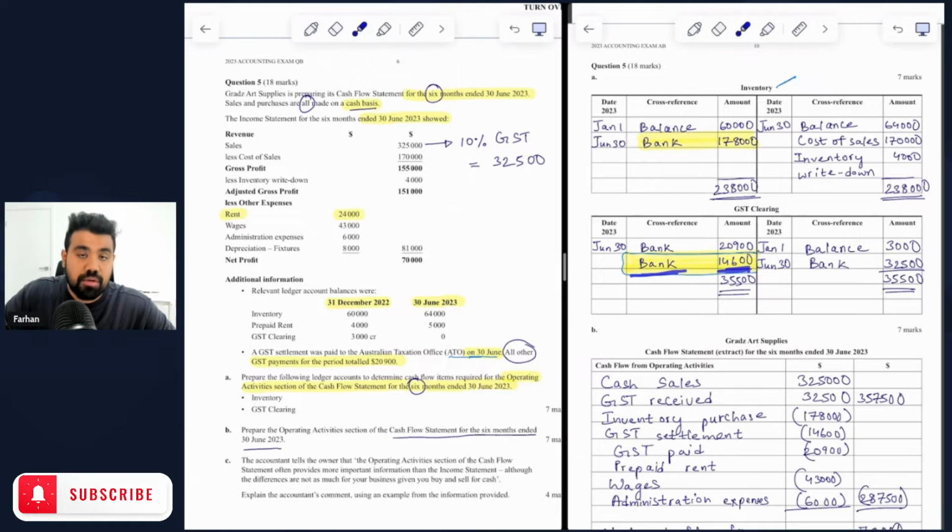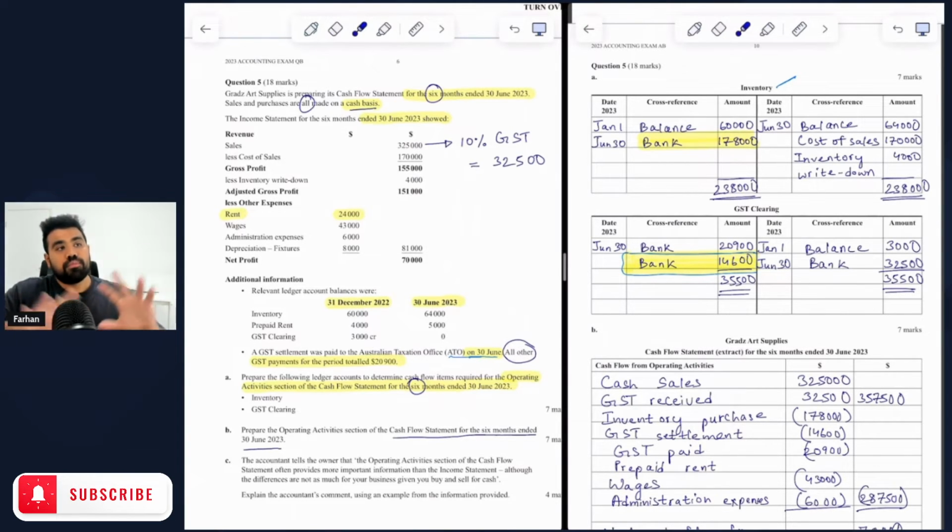We have written bank here simply because we are paying. And again, why is it on the debit side? This is because it refers to a reduction in the obligation that we have. That is the main reason the balance is zero, because we have settled everything that we owe the ATO at 30 June 2023, which is generally the financial period for Australian companies and businesses.